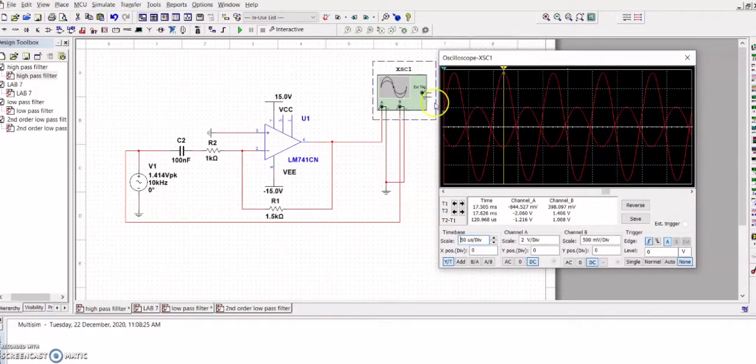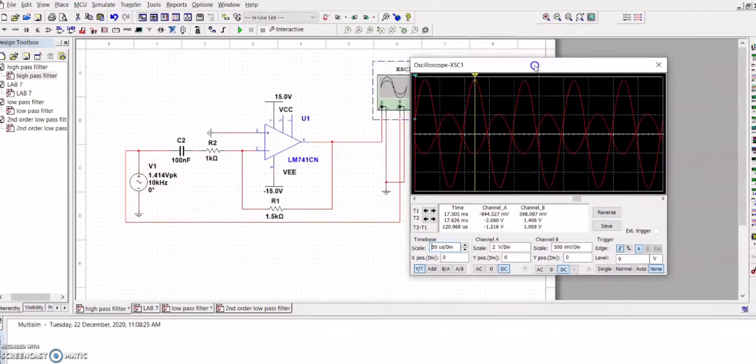From channel A, we get 3.060, which is the V output, and channel B, which is 1.406, which is 1.414 V peak. They are almost the same value.